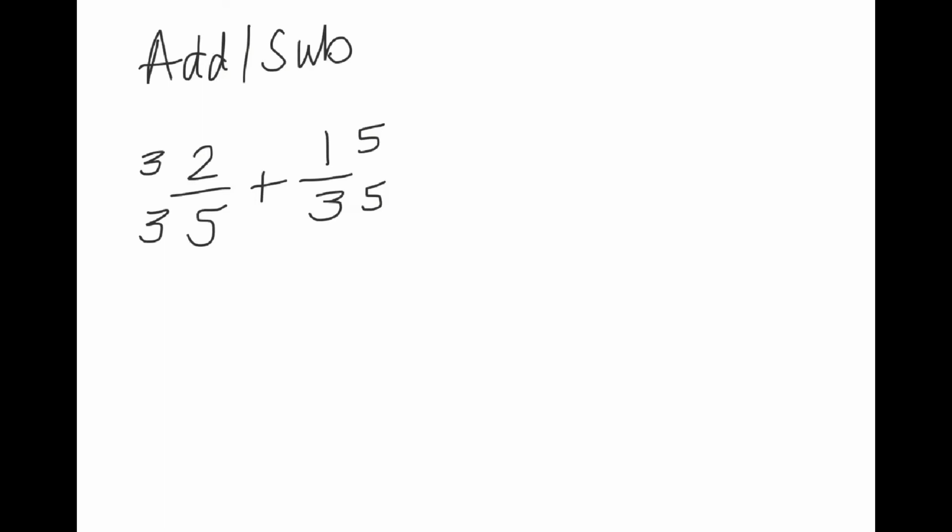When we do that, we get 3 times 2 is 6, 3 times 5 is 15. So we just transformed this fraction to look like this. Then we do 1 times 5 is 5, 3 times 5 is 15. We add these up, 6 plus 5, 11 over 15. Okay. Once you get there, it's pretty straightforward from that point forward.